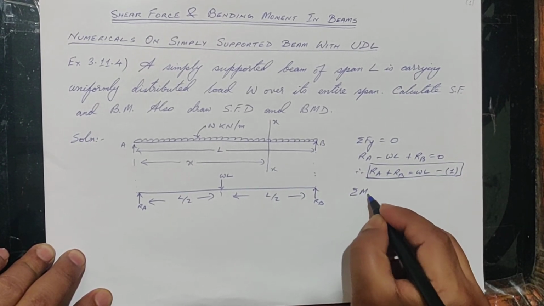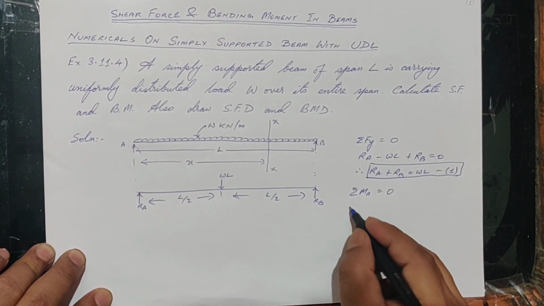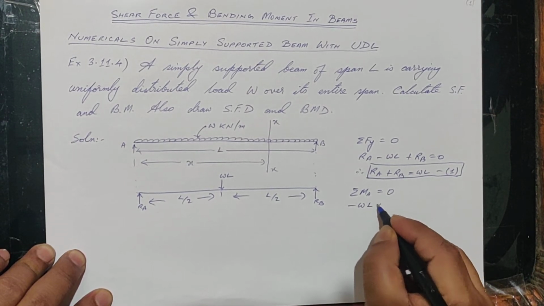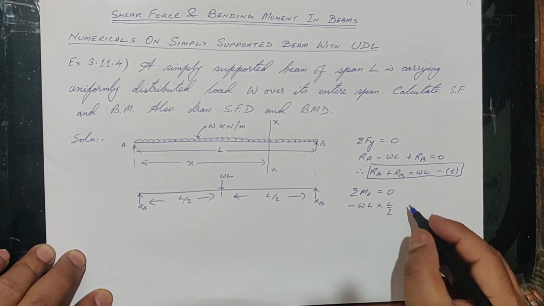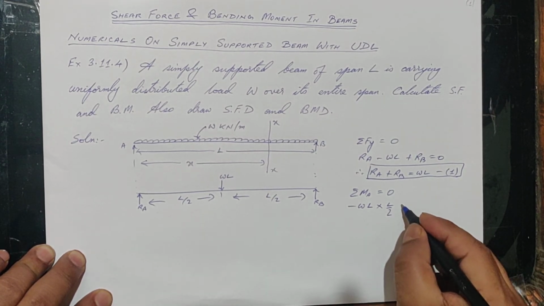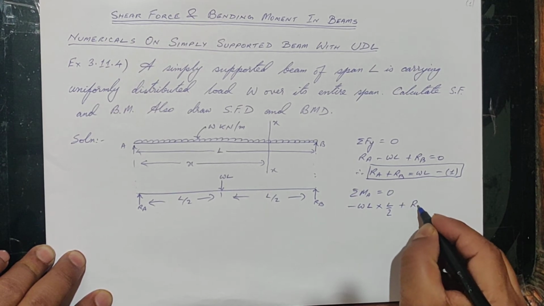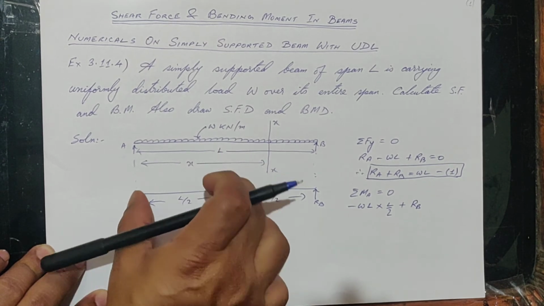Summation of MA, moment about A, is equal to 0. So minus WL multiplied by L by 2 plus RB multiplied by L. This WL is acting in this direction.